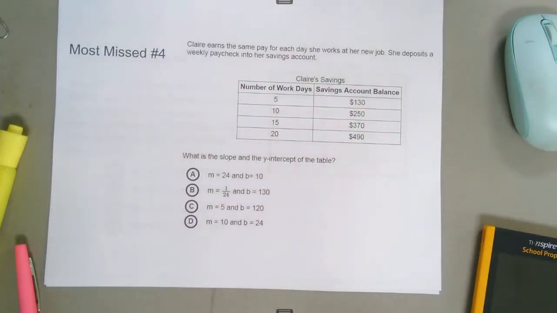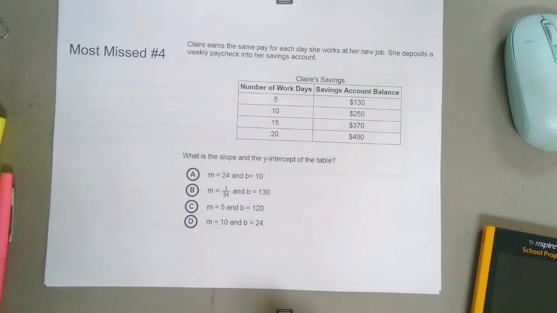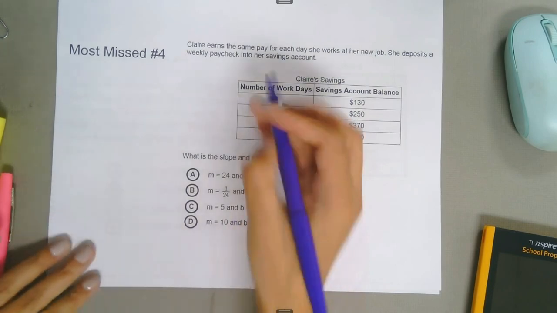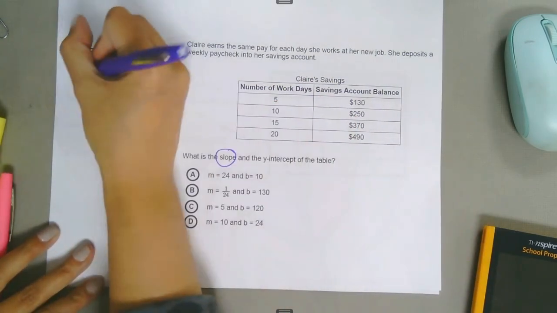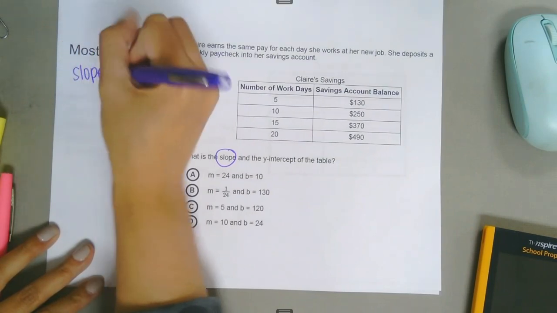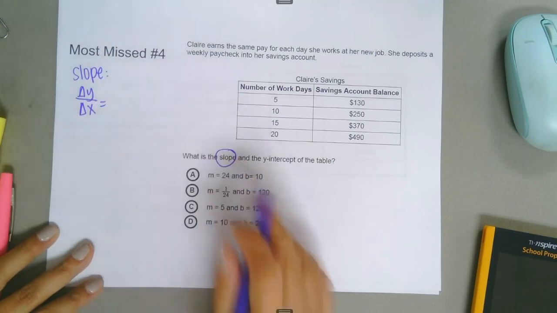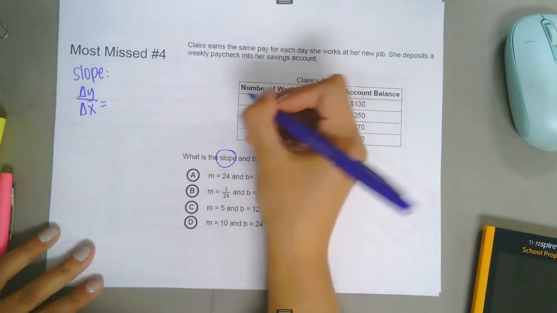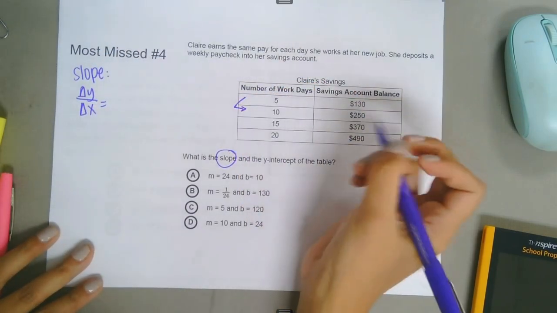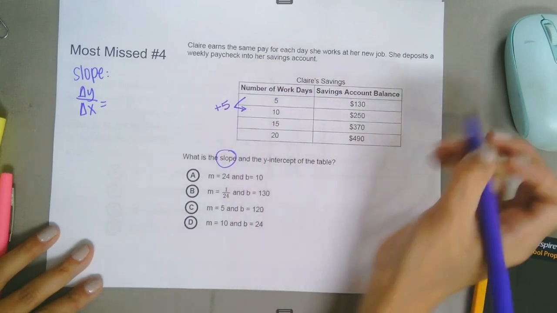All right, most miss number 4. Claire earns the same pay for each day she works at her new job. She deposits a weekly paycheck into her savings account. What is the slope and the y-intercept of the table? All right, so slope on a table is going to be change in y over change in x. So when I look at my table, to go from 5 to 10, we added 5.